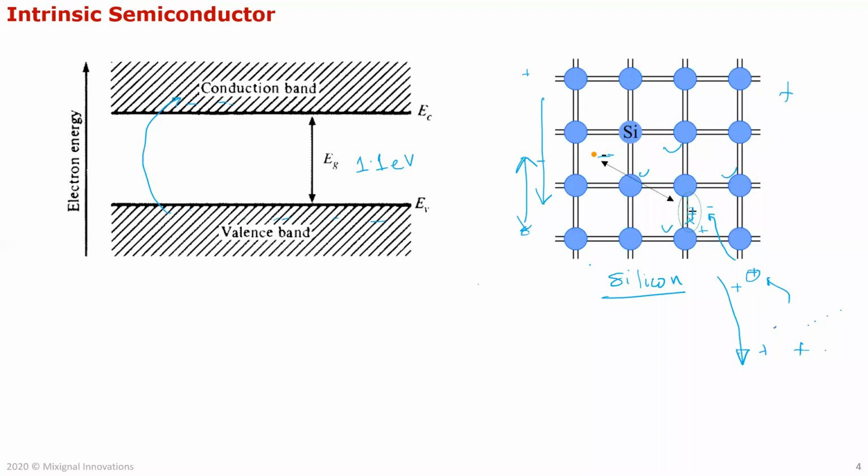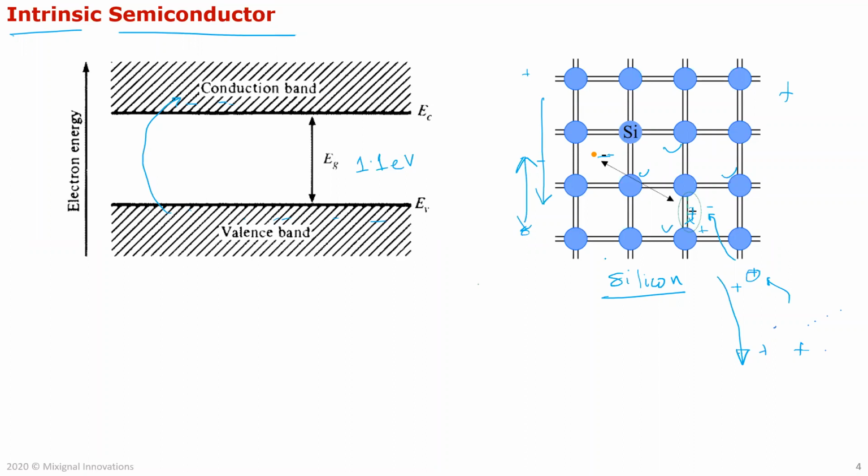So it's pretty much an insulator. This is what's called the intrinsic semiconductor, which is just pure silicon or pure germanium, with no impurities added.